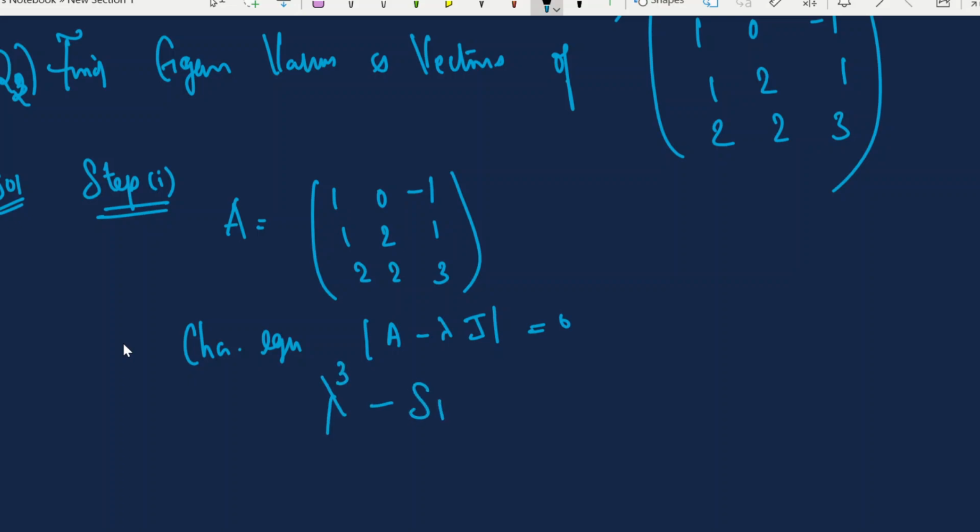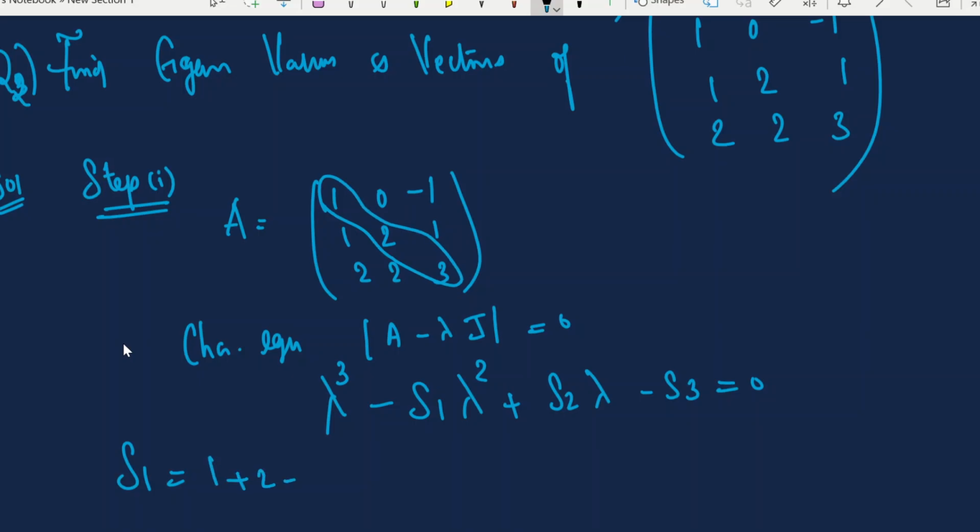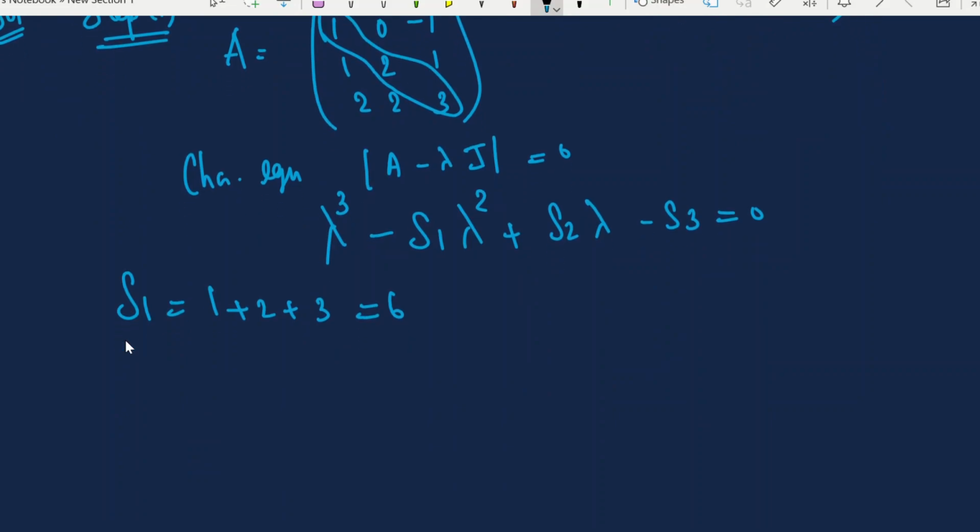The general format of the characteristic equation is lambda cube minus S1 lambda square plus S2 lambda minus S3 equals 0. So what is our S1 value? The sum of the leading diagonal elements. This is the leading diagonal: 1 plus 2 plus 3 equals 6. Next, the sum of the minors of the leading diagonal.